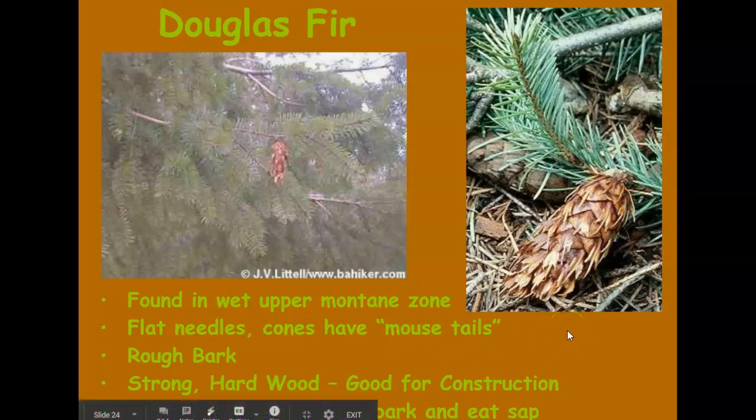Okay, and Doug fir are great for construction, and think about how this would be an important species for early settlers in Colorado who were clearing the land, mostly for mine prospecting originally, and building various structures with this wood.